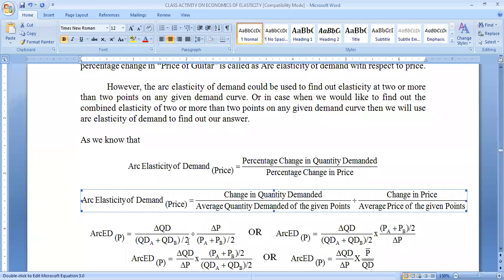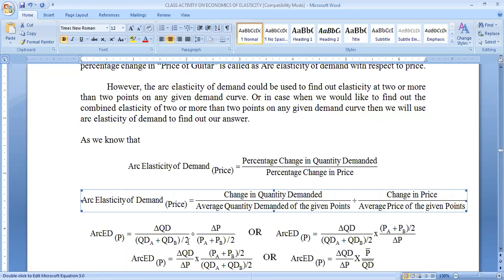Then we will take the sum of the quantity demanded of all the 4 points and divide by 4 to obtain the average quantity demanded.